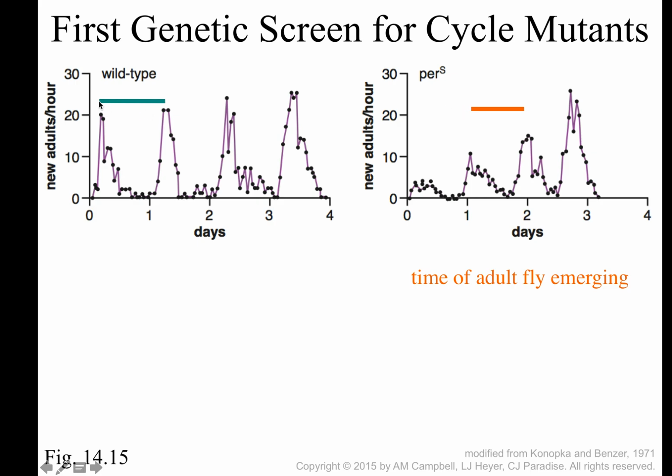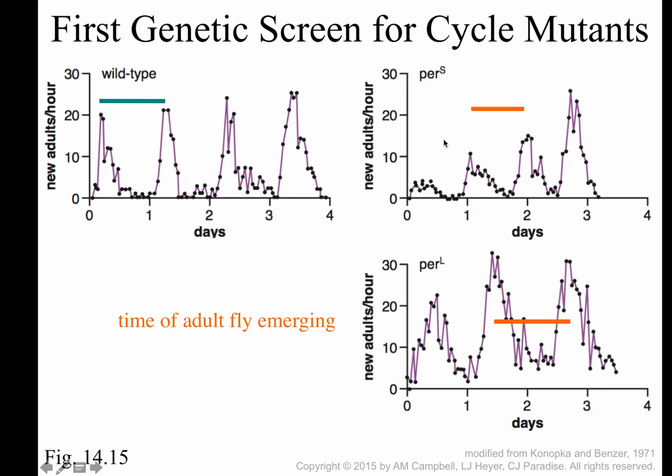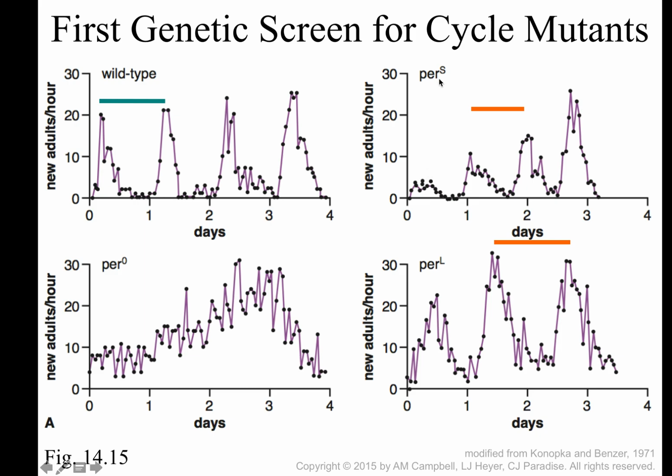So if you look at the size of this bar, that is the inactive period for hatching in wild-type flies, it's shorter in the PER-S mutation. It is longer in the PER-L mutation, S for short, L for long, and for the PER-0 mutation, it's like they don't have any rhythm at all, they just hatch whenever they want.